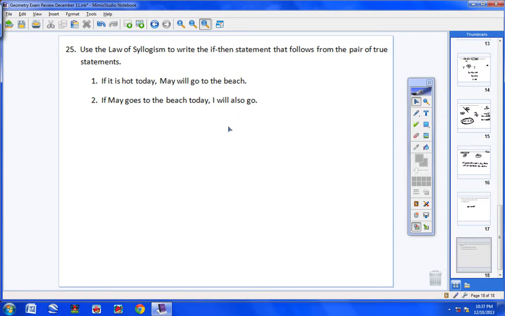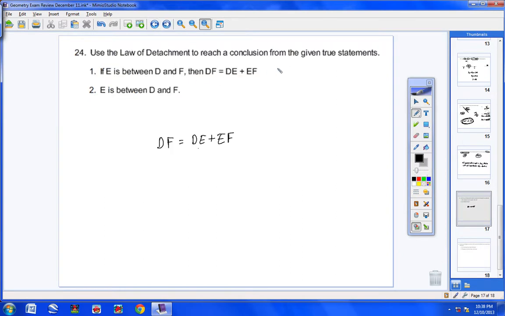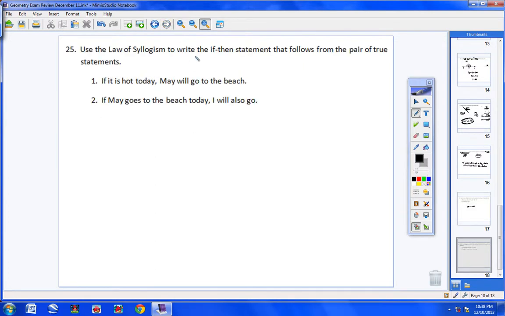All right? Now, listen to this carefully. Notice they want us to write not a conclusion like it said last problem here. They don't want us to do that. They want us to write an if-then statement.